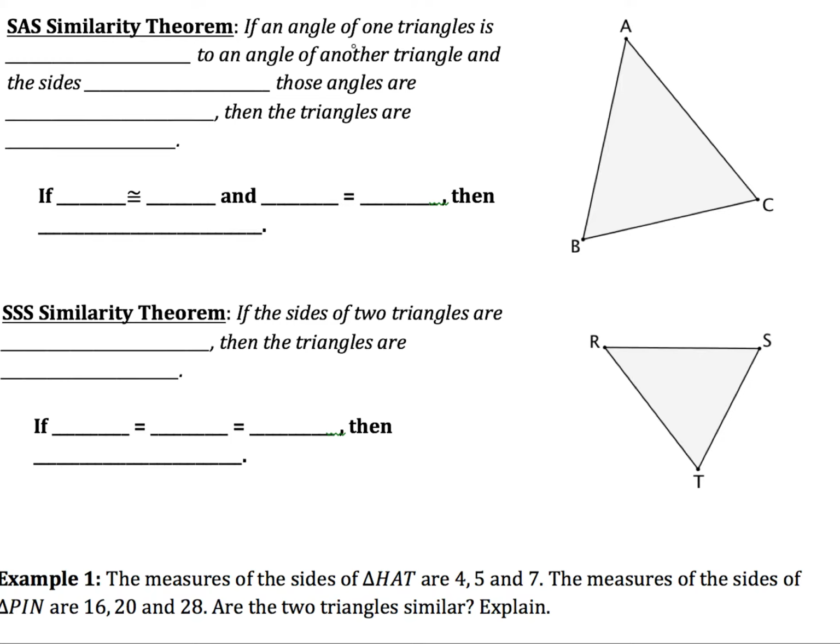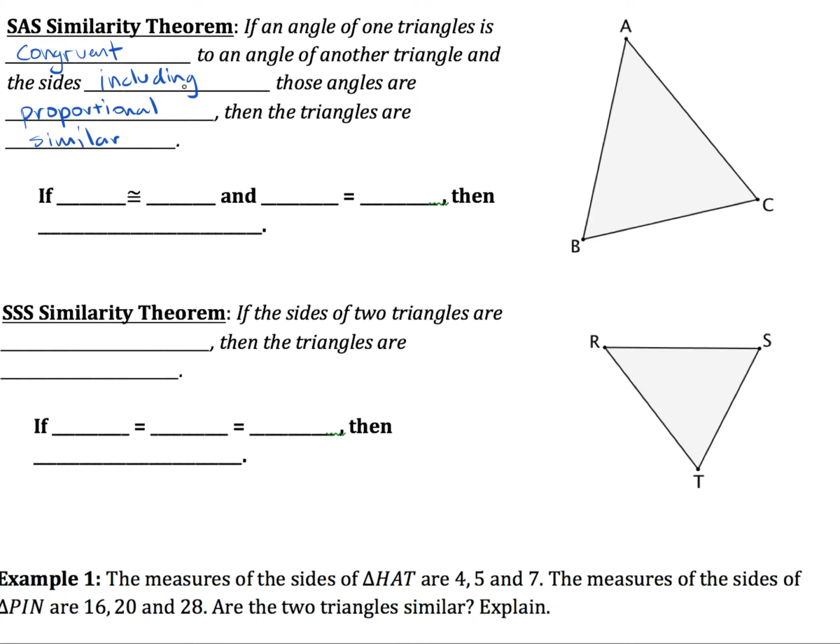And what it says is that if an angle of one triangle is congruent to an angle of another triangle, and the sides, including those angles, are proportional, then the triangles will be similar.